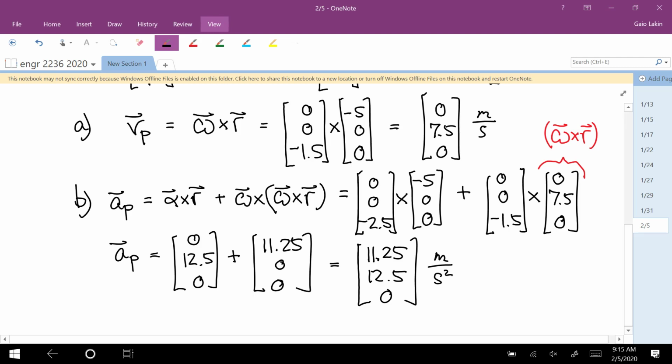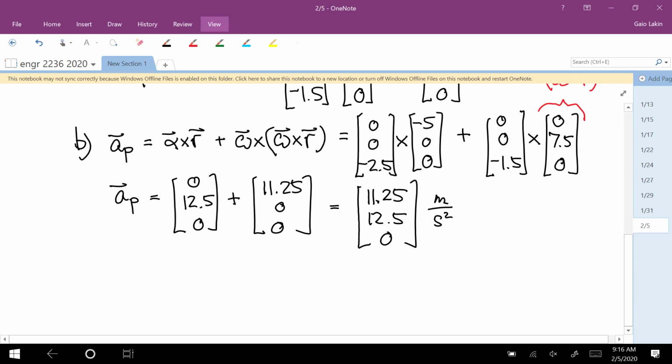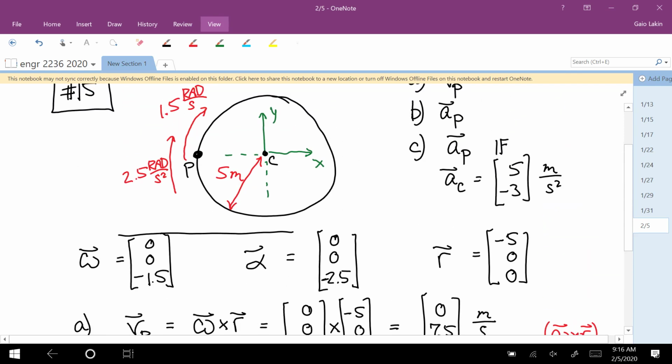Okay, well, we can talk about that after, but really, you might as well just be doing this with your calculators, and then you never have to think about it. And then part C, now we're assuming that the center is accelerating, okay?